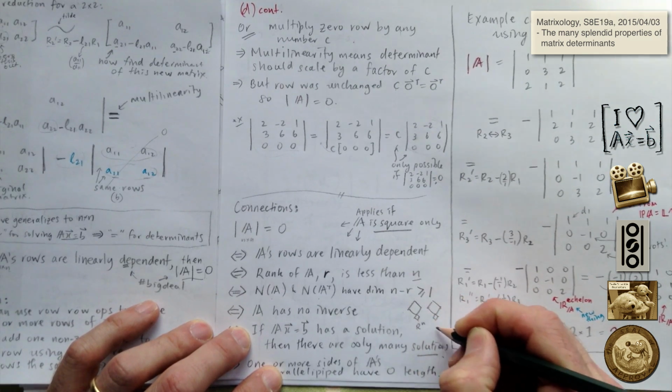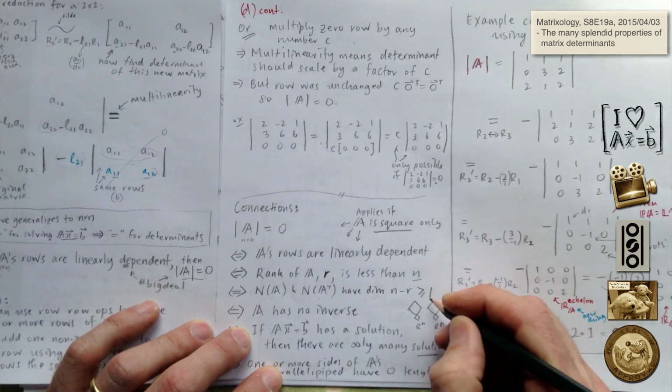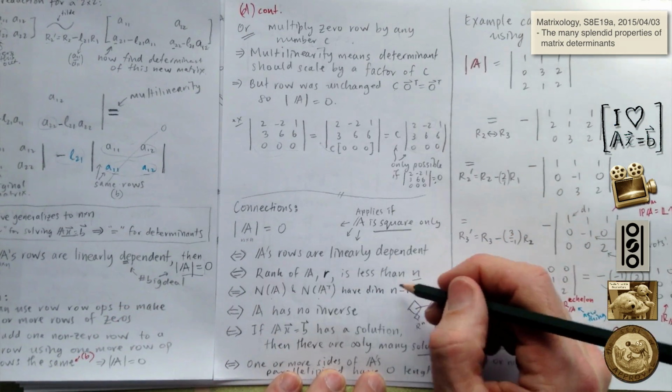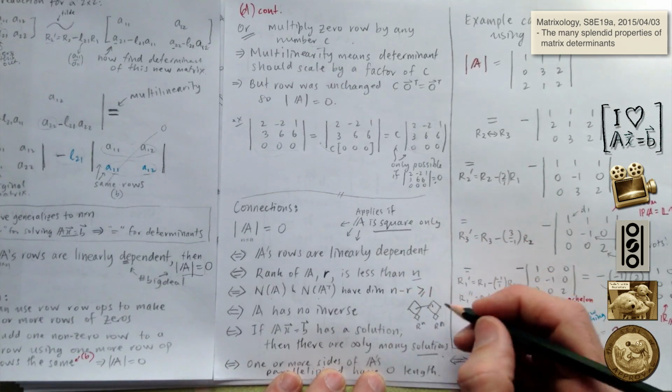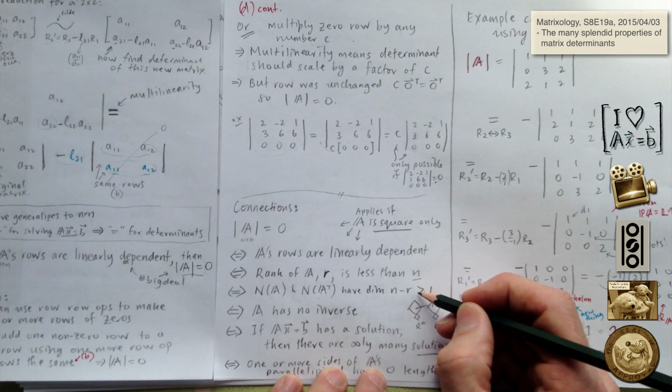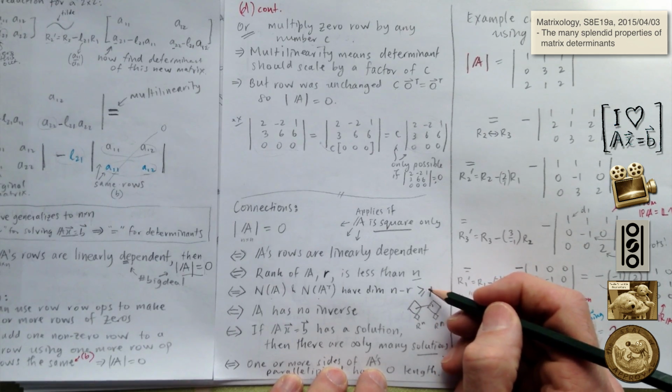It's Rn and Rn, because m equals n, it's a square matrix. They both have a dimension of at least 1.